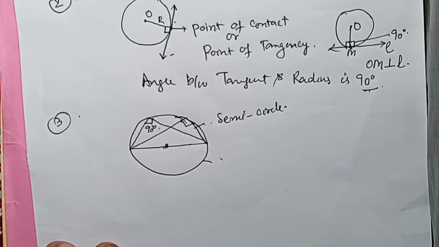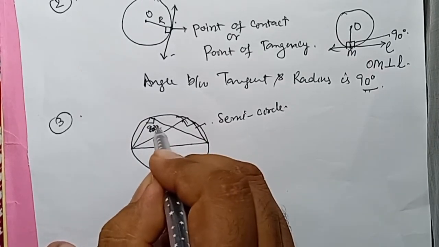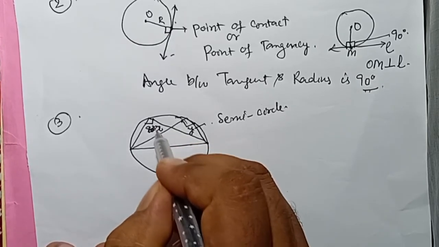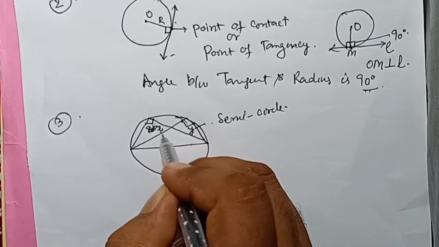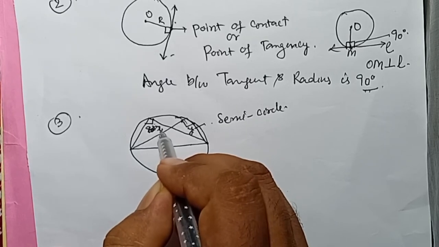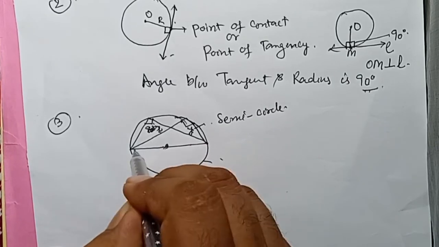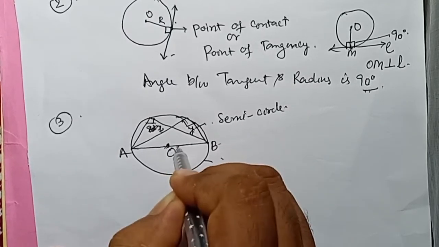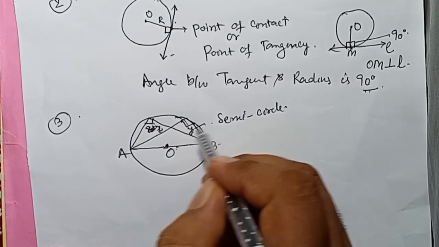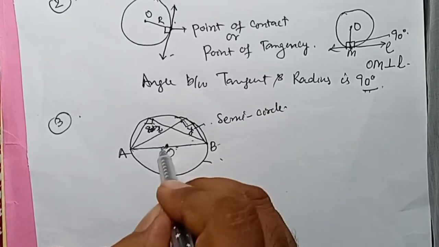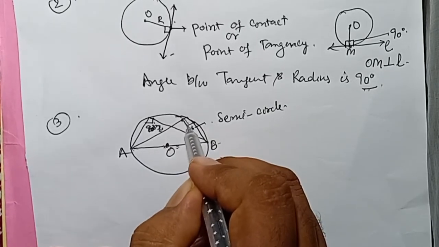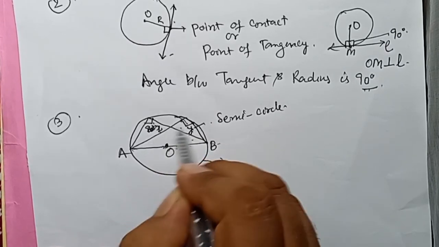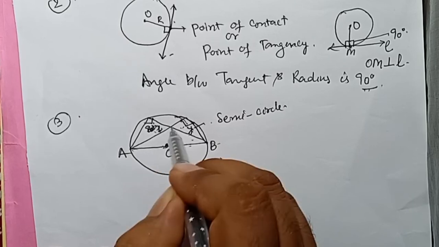If I keep this angle as x and this angle as y, you can see the opposite side to the angle x in the triangle is the diameter. If the diameter is AB and the center is O, the opposite side to the angle y is also the diameter AOB. So this is the angle in a semicircle. They are equal because they are 90 degrees.